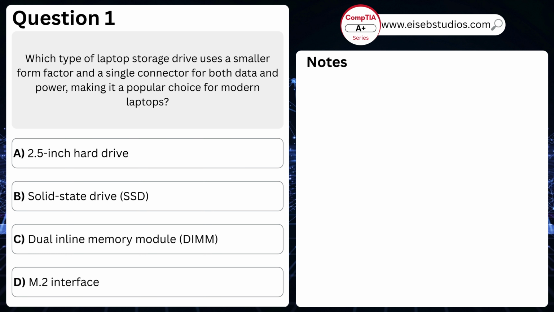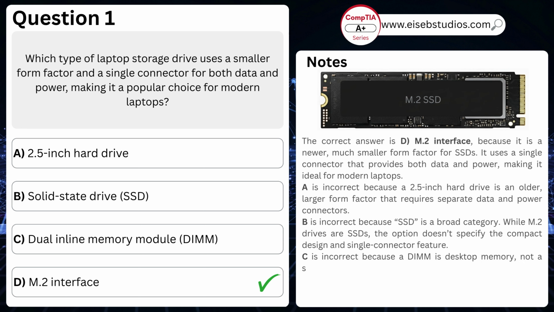The correct answer is D, M.2 interface, because it is a newer, much smaller form factor for SSDs. It uses a single connector that provides both data and power, making it ideal for modern laptops. A is incorrect because a 2.5-inch hard drive is an older, larger form factor that requires separate data and power connectors.